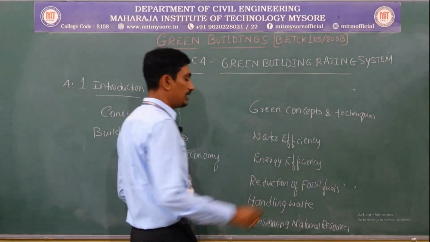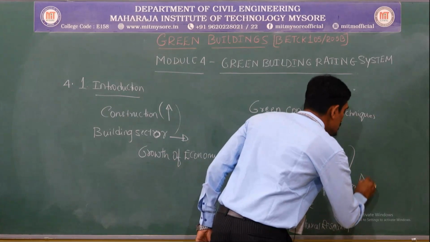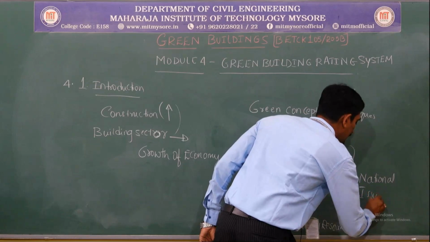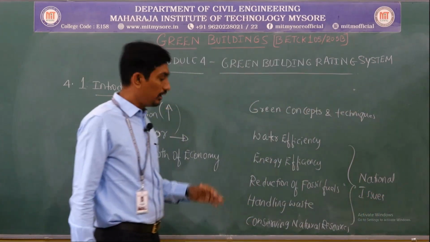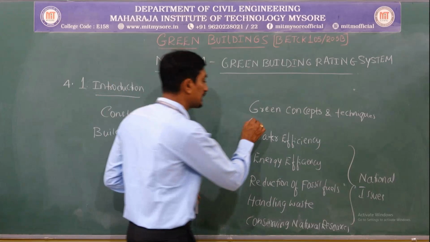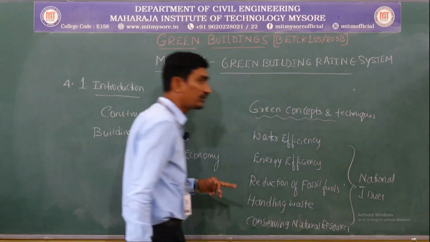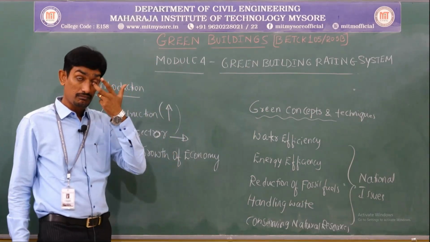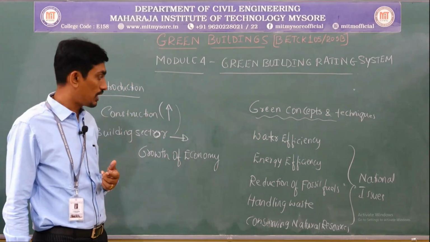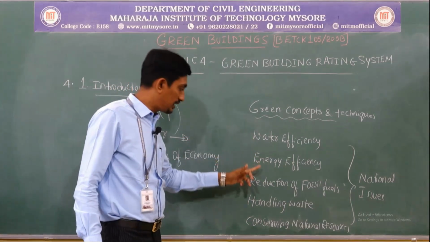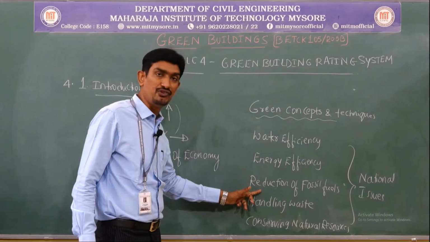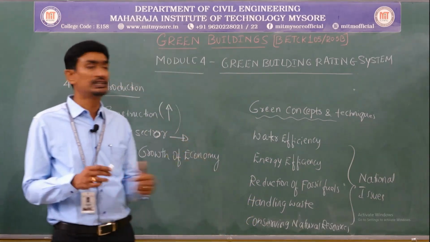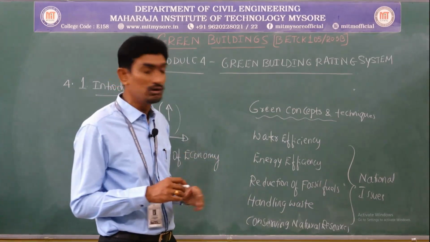So these are the national issues I need to address in order to attain this green concept and the techniques, finally to meet the green building. Is it clear? So: water efficiency, energy efficiency, reduction of fossil fuel, handling of waste and conserving natural resources. All these things we'll be discussing in the rating system. I will just brief them out.